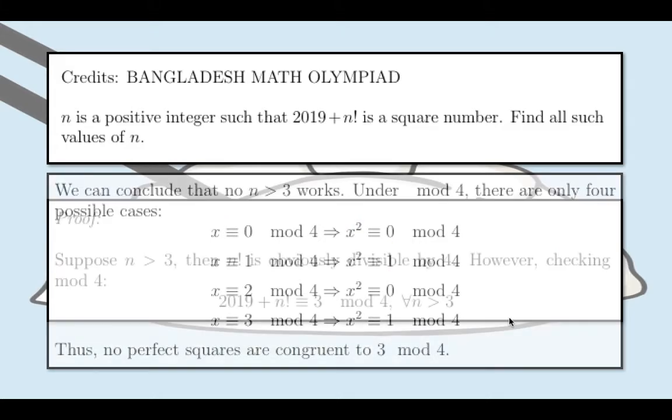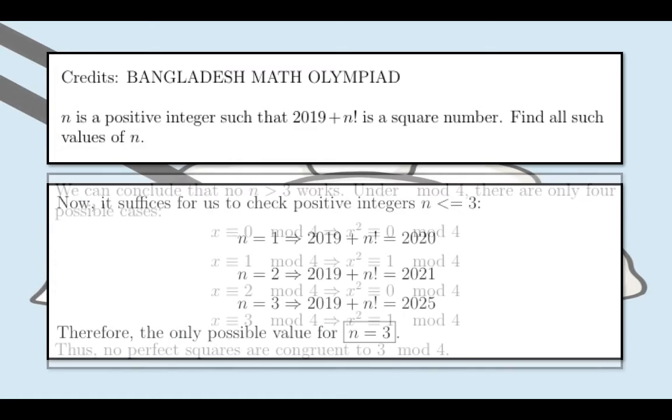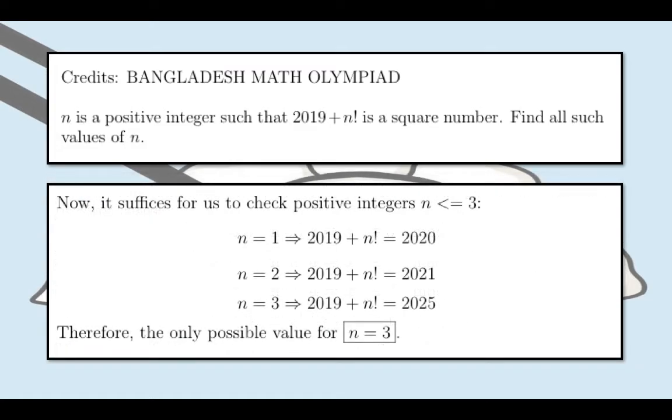So going back, 2019 plus n factorial is congruent to 3 modulo 4 for all n greater than 3. If that's the case, then 2019 plus n factorial is never a perfect square, since it is always congruent to 3 modulo 4 when n is greater than 3. Therefore, it suffices for us to check positive integers n less than or equal to 3.